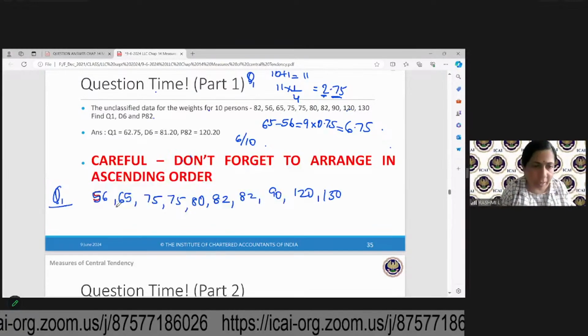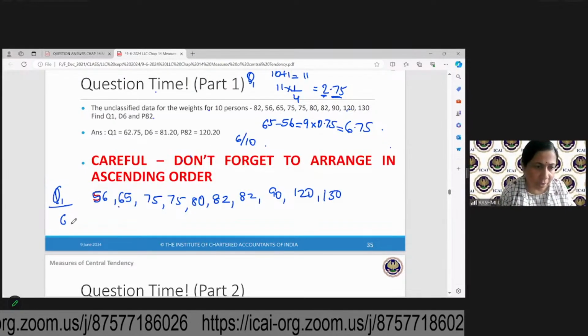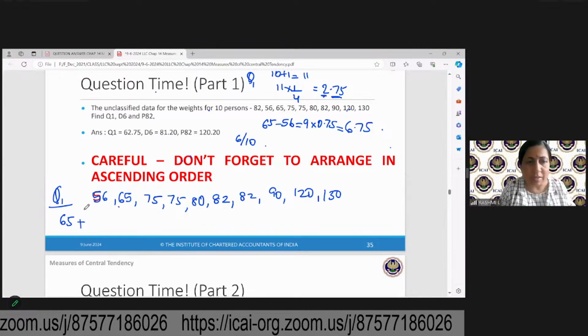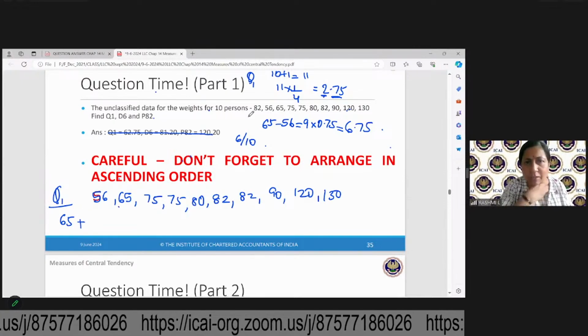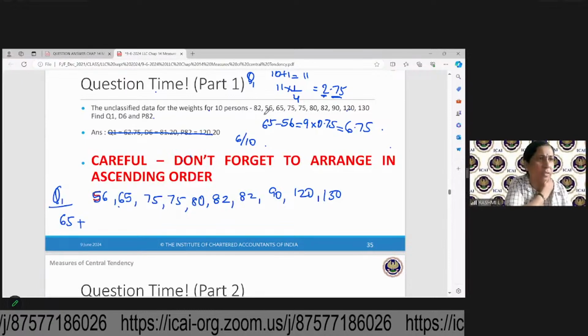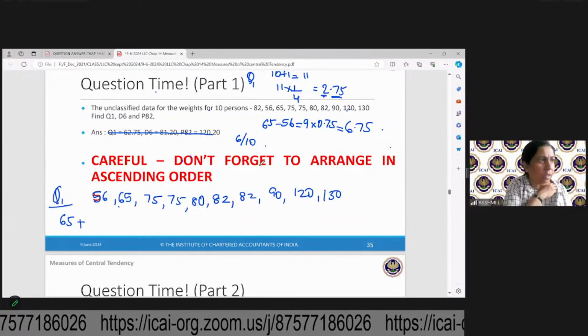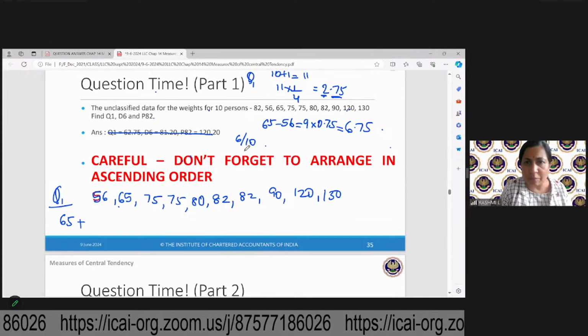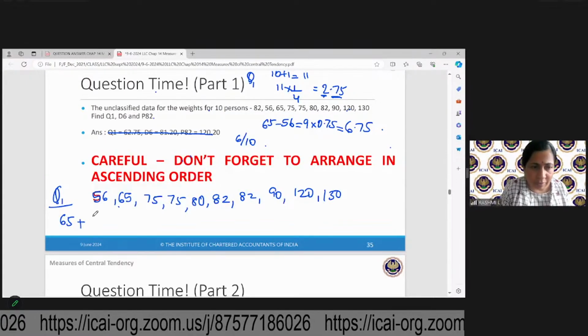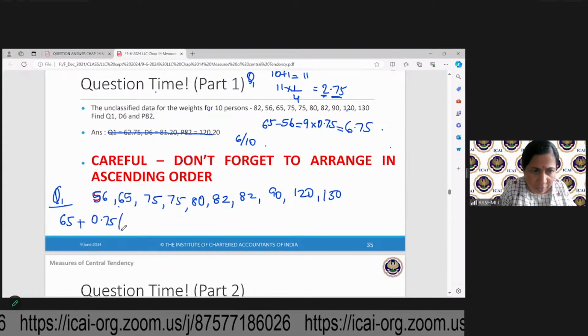So what is the second number here? It is 65. 65 plus. Okay, don't worry about this because the numbers are different here. The question in the book, I think, is different and we have taken these numbers.